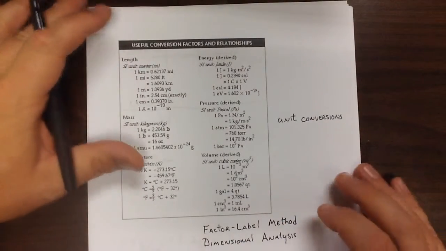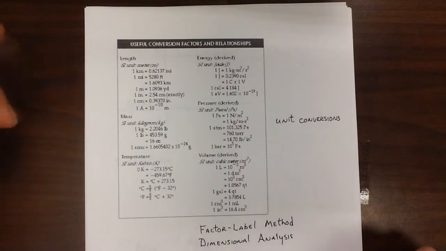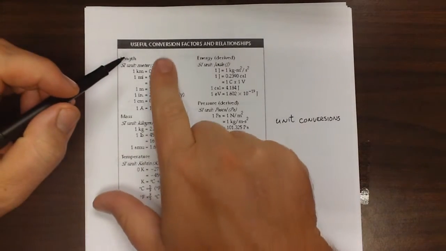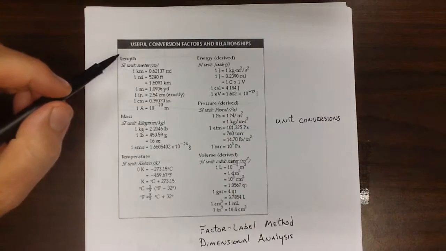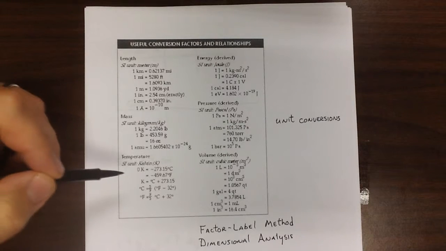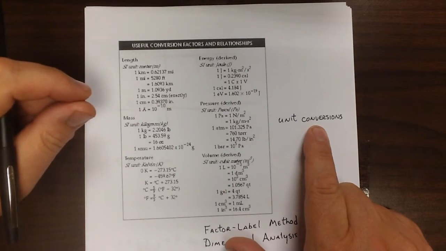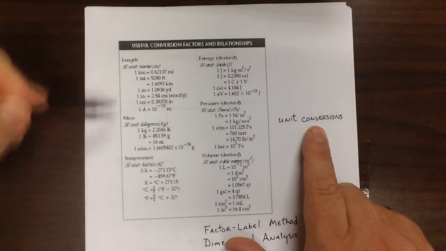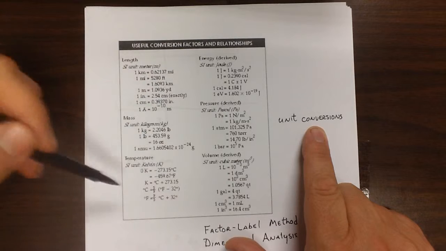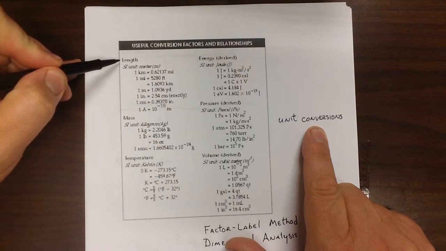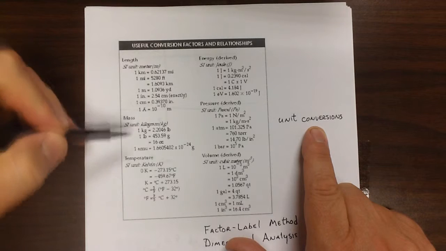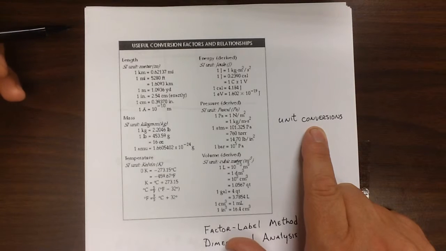In dimensional analysis or the factor label method, we are making use of known relationships in order to find unknown relationships. Now, if you do an internet search for unit conversions, you'll turn up thousands of different tables that look like this that tell you relationships among different units of lengths, different units of mass, different units of temperature, and so forth.